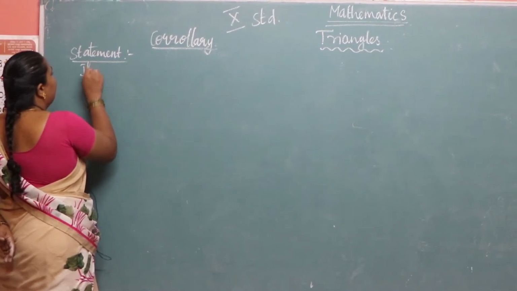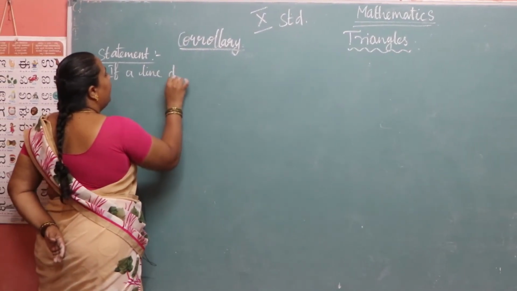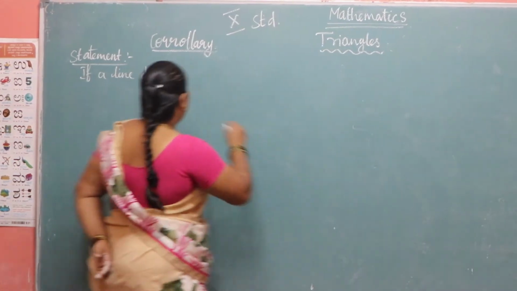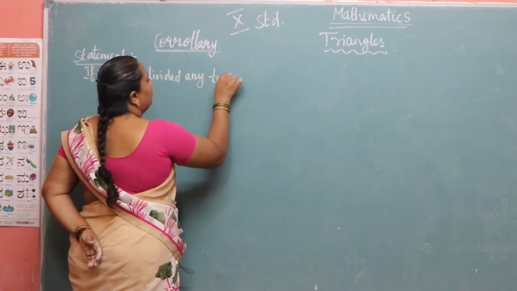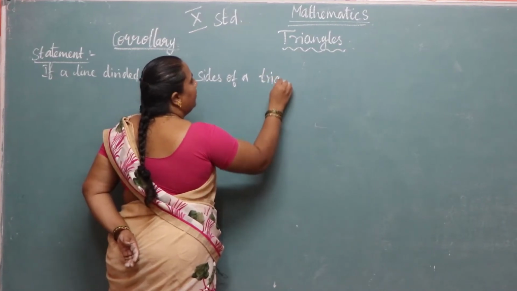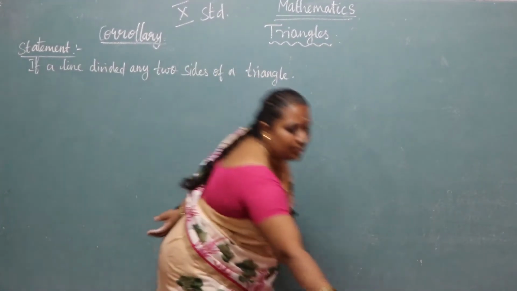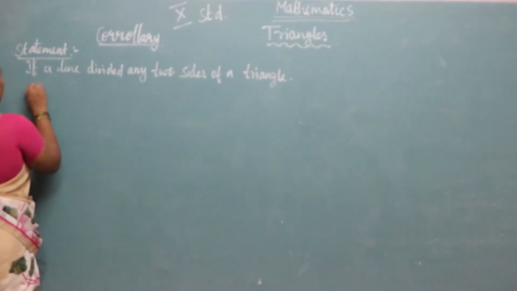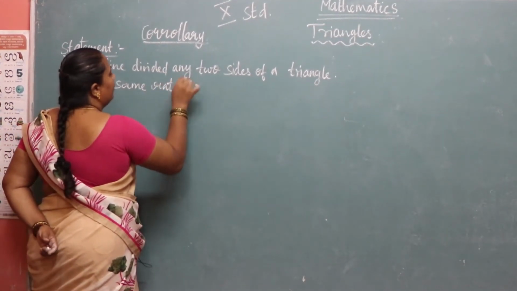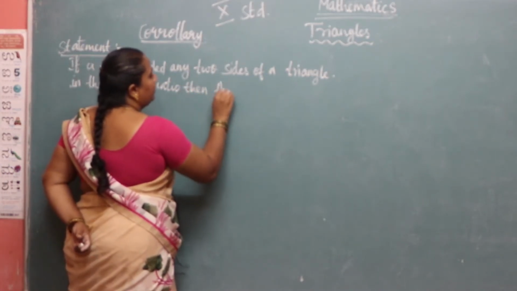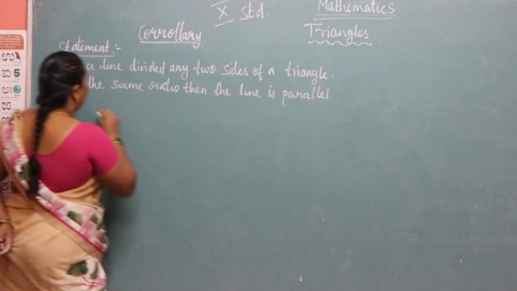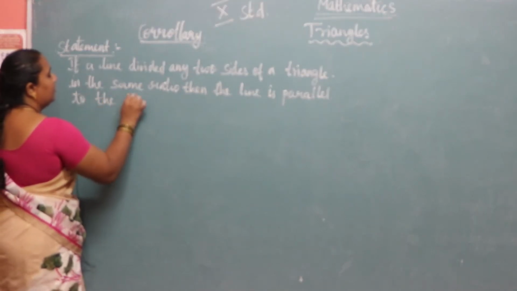If a line divided any 2 sides of a triangle in the same ratio, then the line is parallel to the third side.